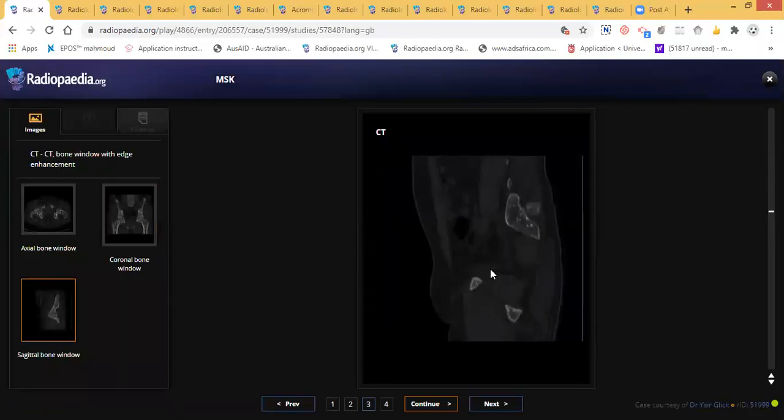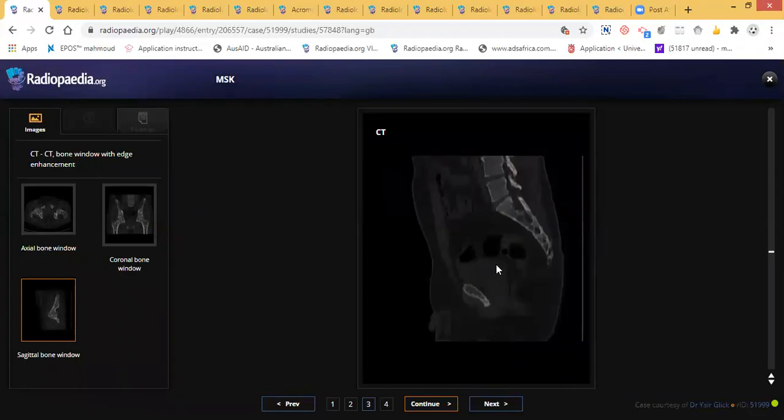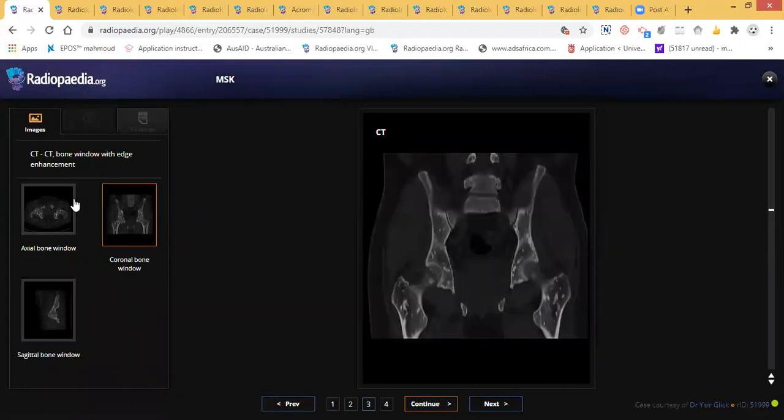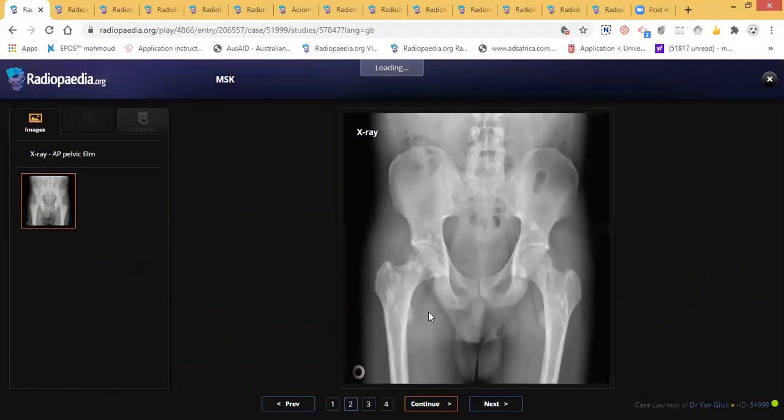So be very careful. Maybe you can check other regions of the body. If there is a bone scan, you will check it, and maybe check other regions of the body for metastasis.